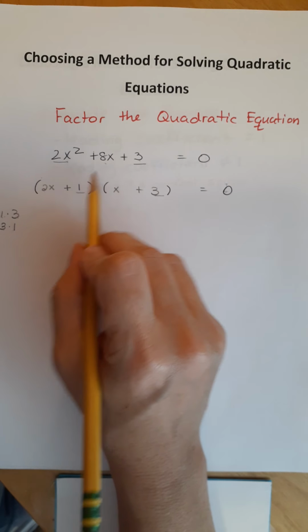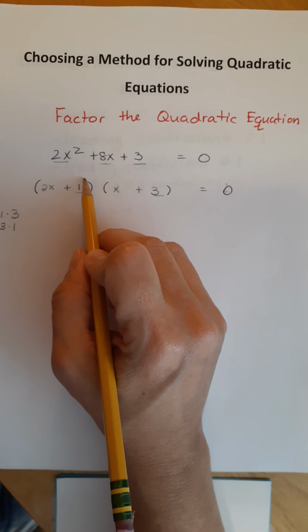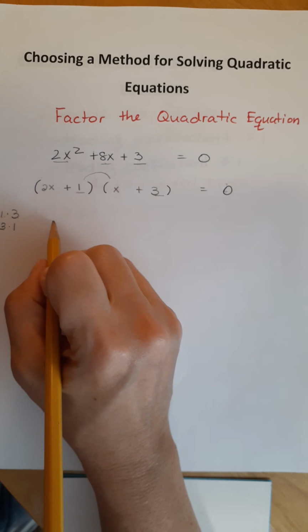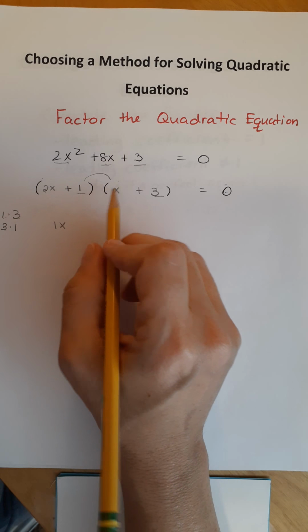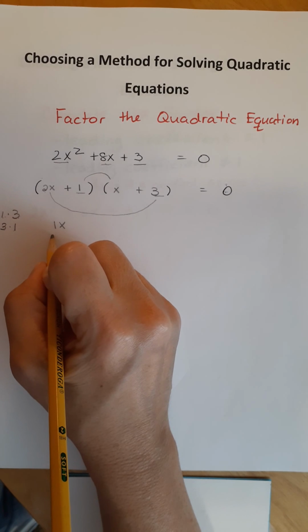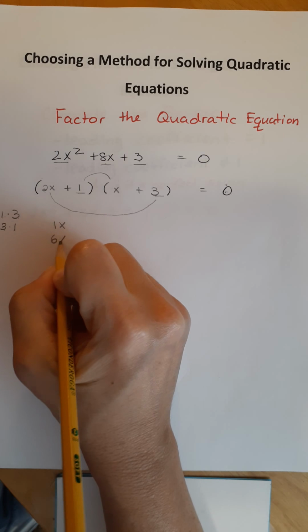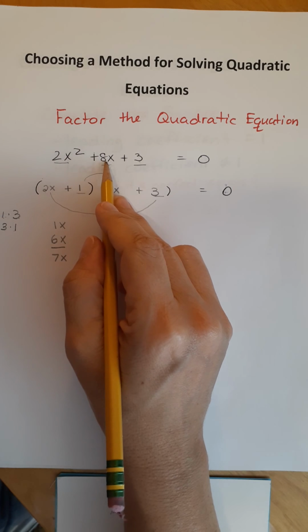When I do that, I've got to figure out if my middle term turns into 8x. And the way I do it is a happy little rainbow, which is going to give me 1x. Those are the inners from FOIL, and the outers, a big happy face, because we're all happy to do algebra, 6x. When I add these two, I get 7x, not 8x.